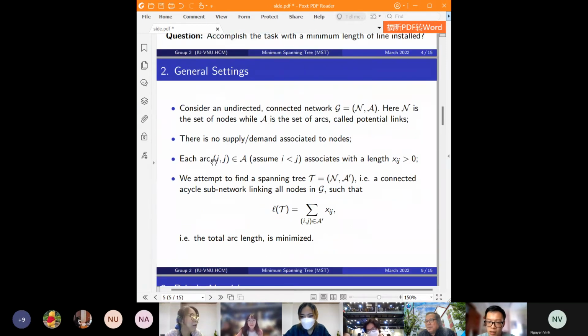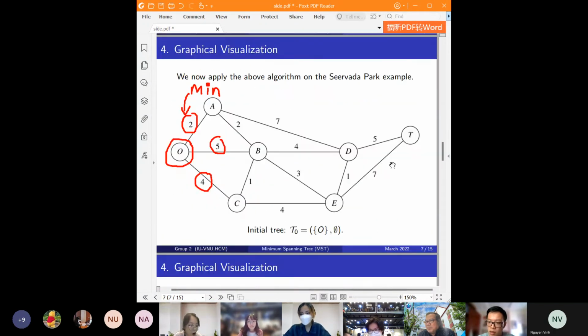So I say that each arc Ij in the initial graph will be associated with a length, but in the given graph here there is no direct arc connecting O and C, for example.